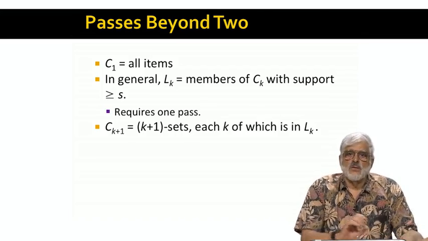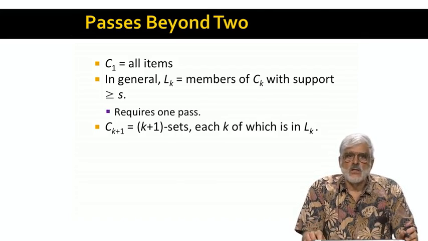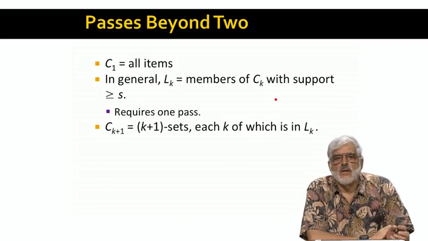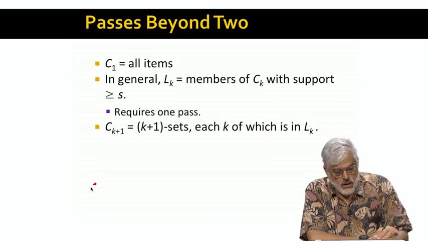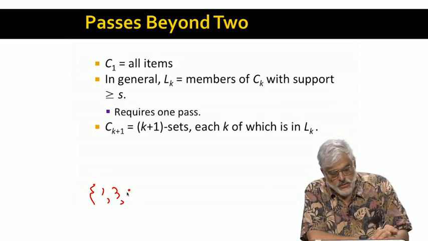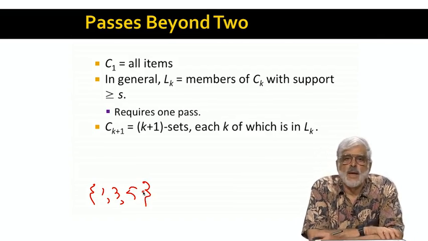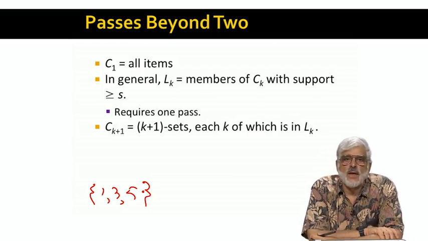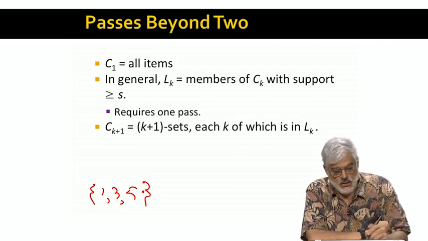A better idea is to start with some set in LK. For example, assume k equals 3. We might find the set, let's say 135, is in LK. Now look at each item whose number is higher than any in the set, say 6.